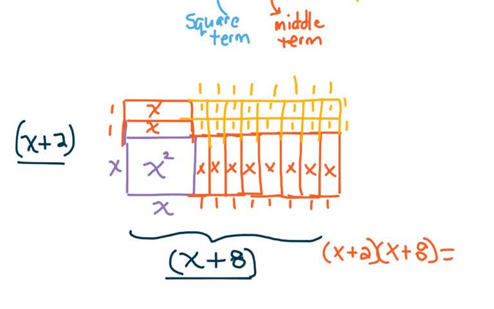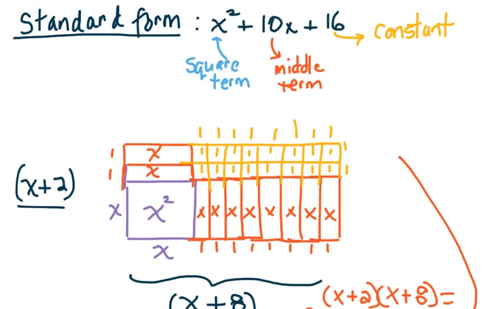If I were to add up all of the algebra tiles inside my rectangle, I would have 1 x squared plus, count up how many x tiles I have, I've got 10x tiles, and then if I count up the unit tiles, I have 16. And you're going to notice that this is the exact polynomial that we started with right up there.